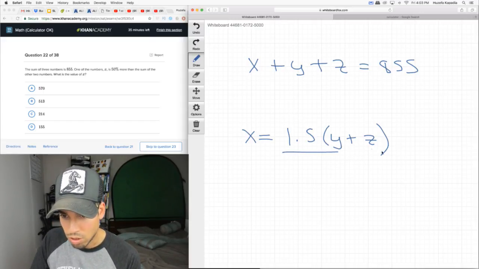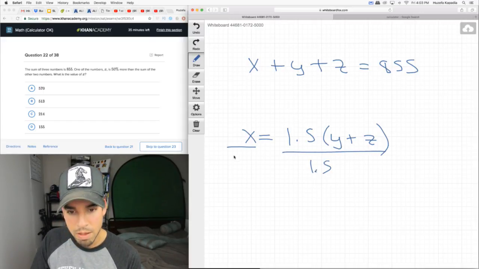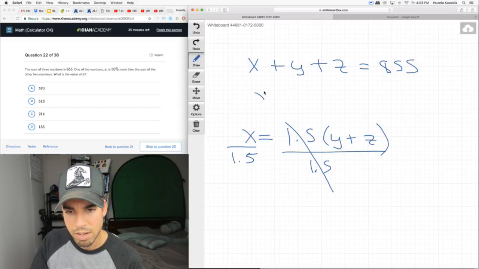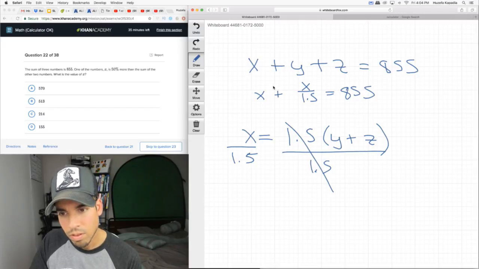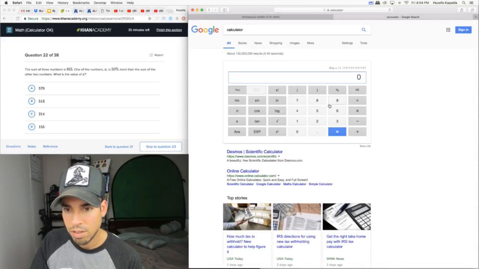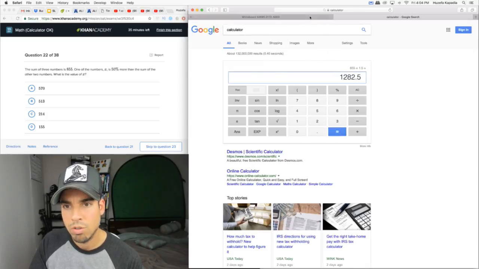We could do a little substitution. Divide both sides by 1.5, so y plus z equals x over 1.5. Therefore, x plus x over 1.5 equals 855. Multiply everything by 1.5, and we get 1.5x plus x equals 855 times 1.5, which is 1282.5.